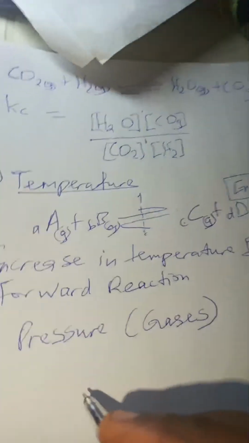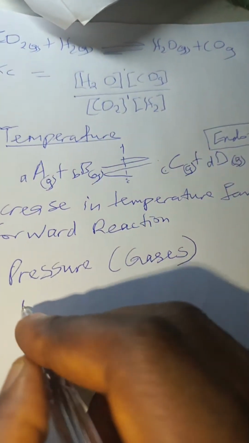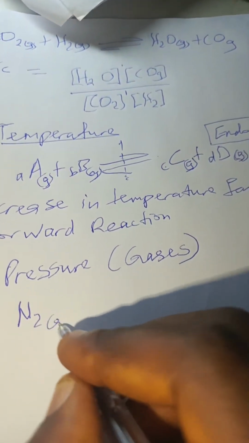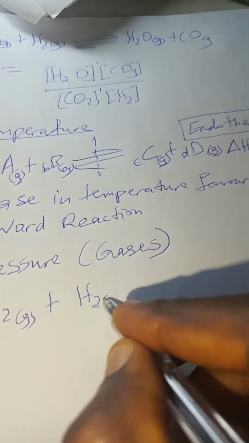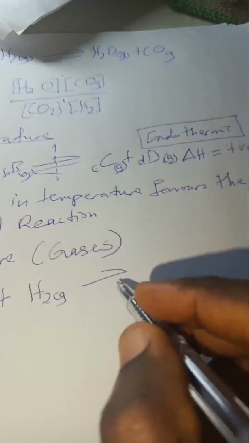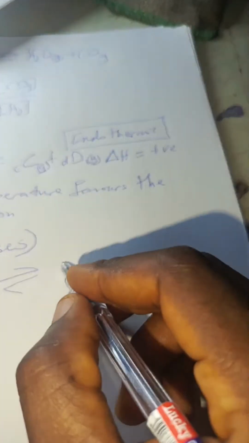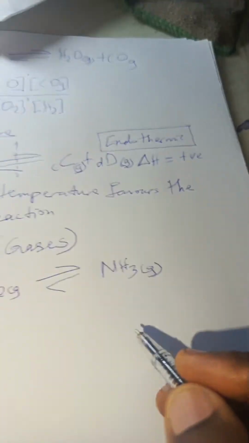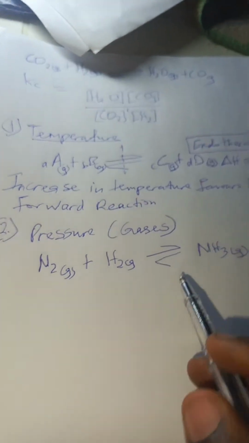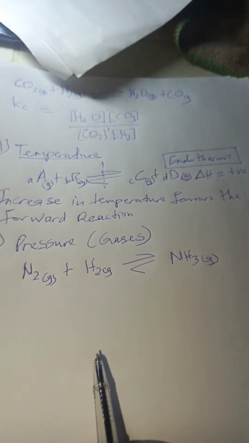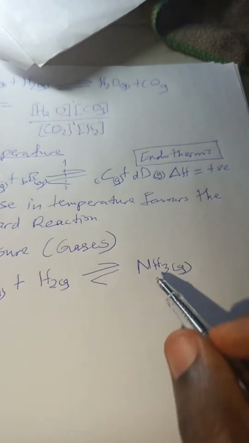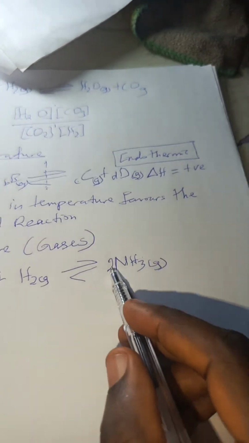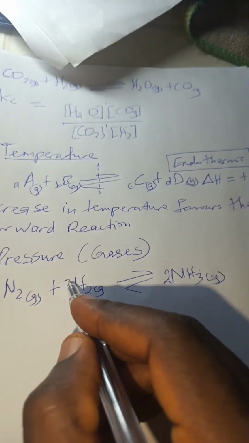Let's take the Haber process. In the Haber process, we have nitrogen gas reacting with hydrogen gas in a reversible reaction to give us ammonia. So what happens in that scenario? When it gives us ammonia, this is 2, this is 1, so we have to put 2 here. 2 times 3 is 6, so we have to put 3 here.